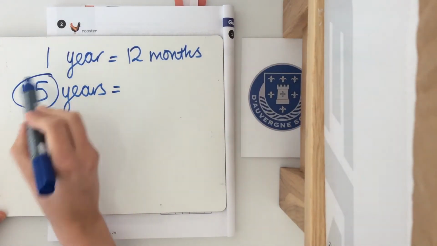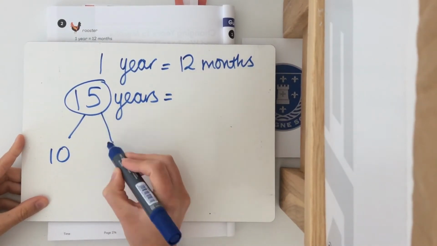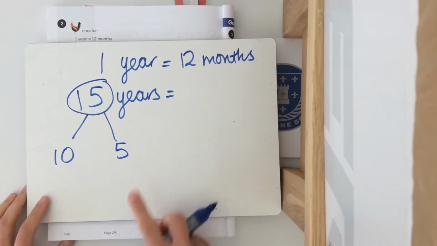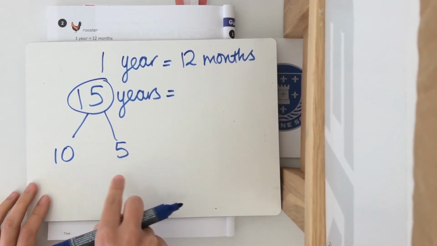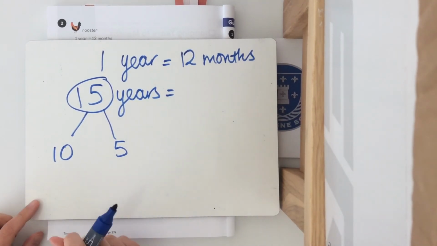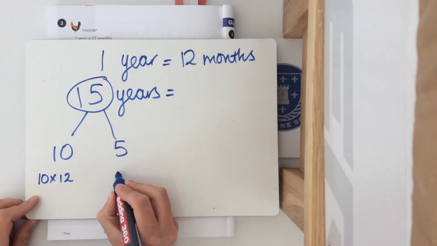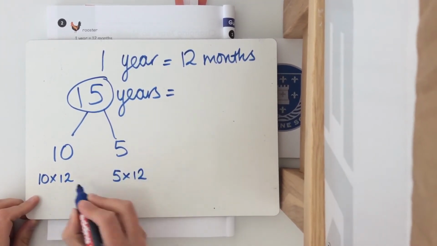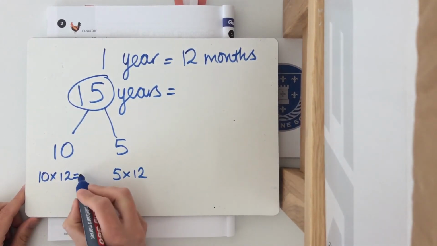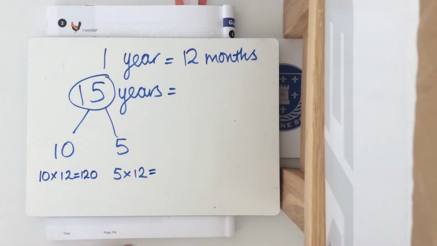We can use a number bond to split our 15 into a 10 and a 5. We can then multiply by 12 using those two numbers instead of doing 15 times 12, because that's a little bit trickier. So we can do 10 times 12 and we can do 5 times 12. 10 times 12 is... And how can we work out 5 times 12?